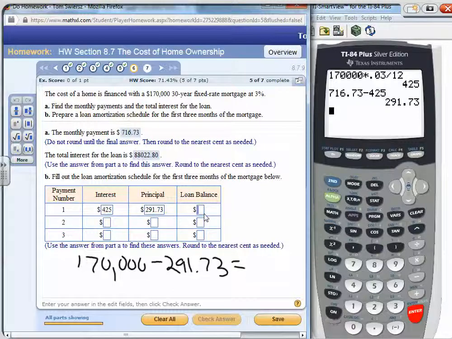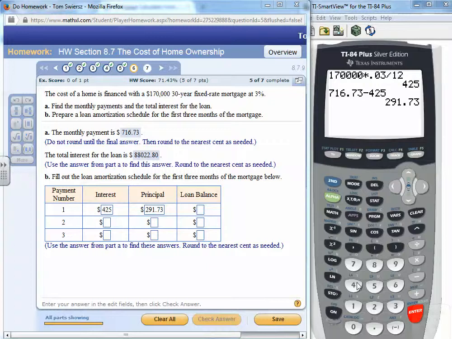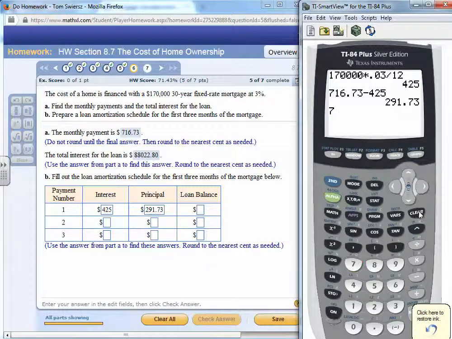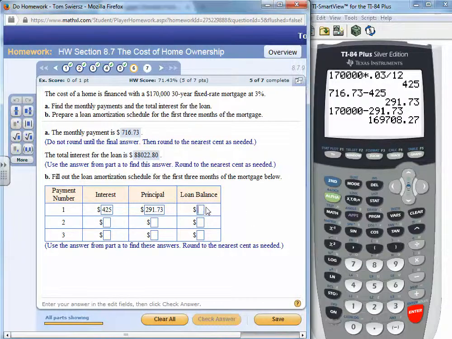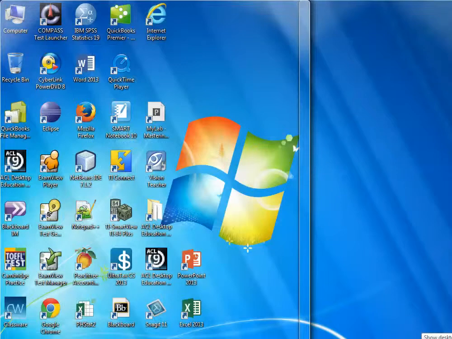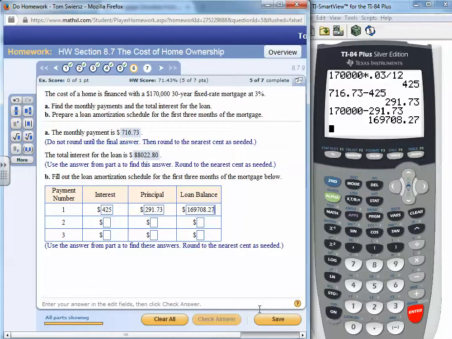So we'll do that on our calculator. 170,000 minus 291.73, and our balance is $169,708.27.